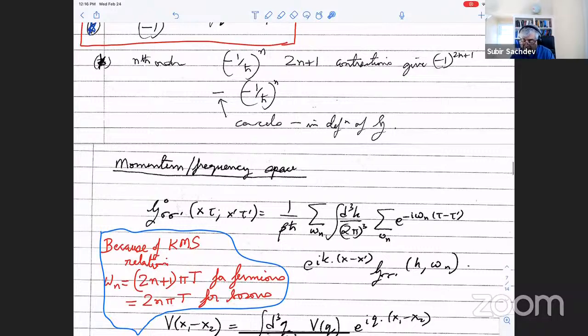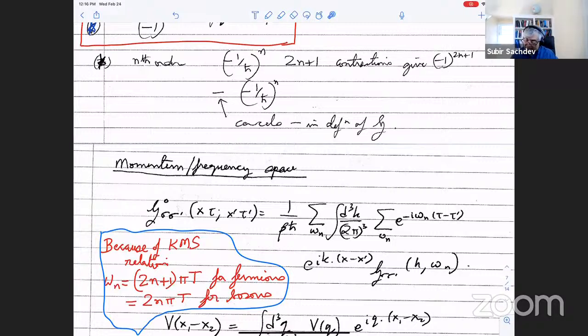So what you do is you take your Green's function, this bare contraction between 2 space-time points, and you convert it to a Green's function that lives in momentum and frequency. So this is a conventional Fourier transform, except I'm using something we're going to see explicitly in a few minutes, that the Green's function for fermions is anti-periodic in time, in imaginary time, with period 1 over temperature.